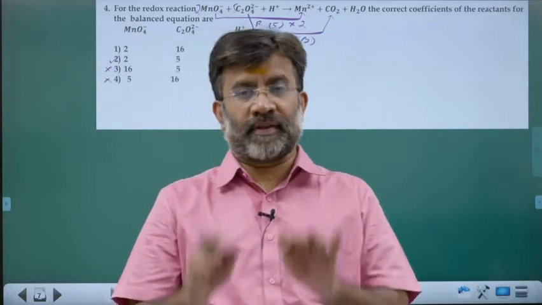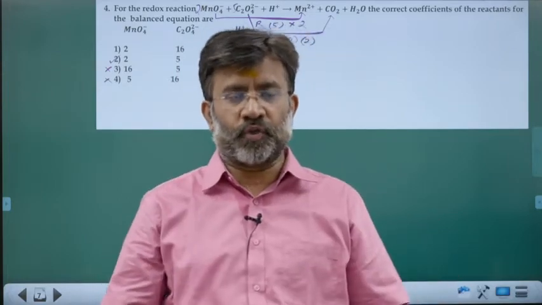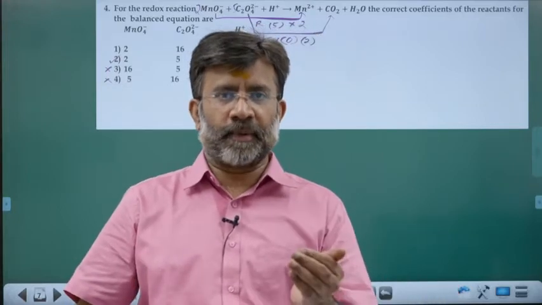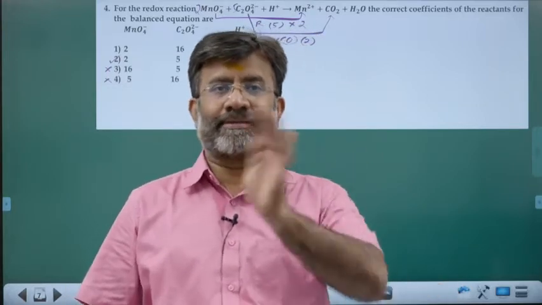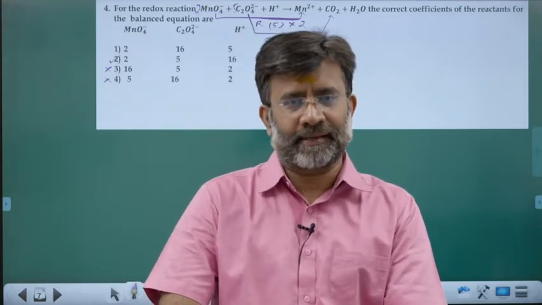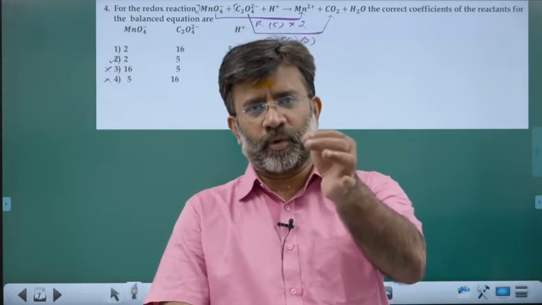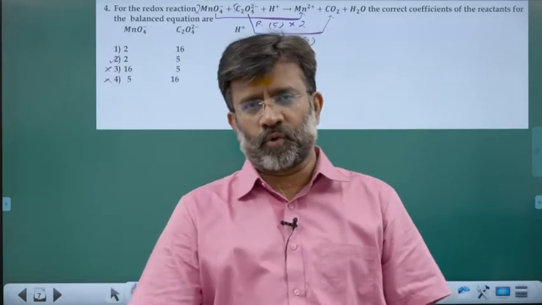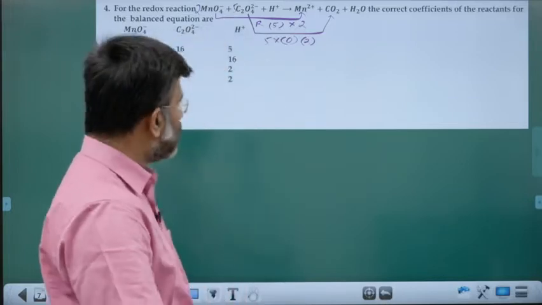After this procedure, you have to check the charge on both sides and attach as many H plus as the deficiency in charge. You know the procedures for balancing that. Anyway, by simply looking at the coefficients of permanganate and oxalate, we are able to conclude the answer as option 2.